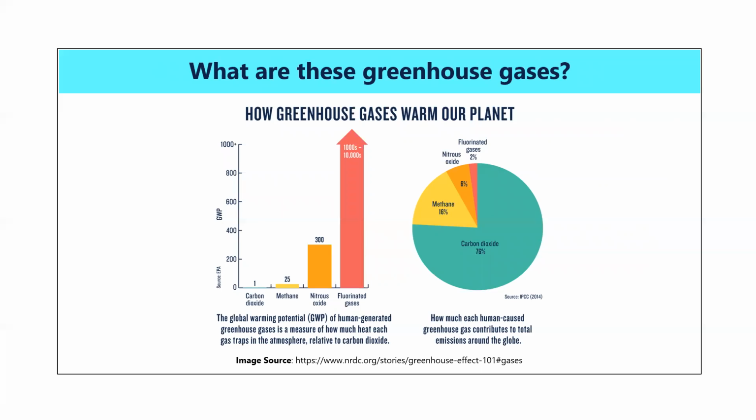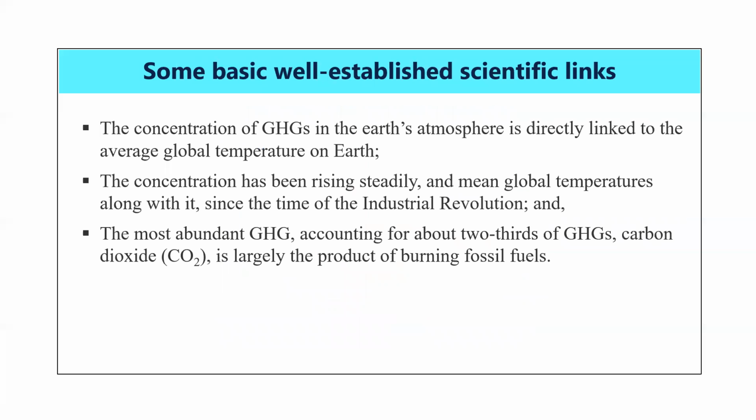These are some basic, well-established scientific links showing that climate change is real. The concentration of greenhouse gases in the Earth's atmosphere is directly linked to the average global temperature on Earth. Meaning, if the concentration of greenhouse gases in the atmosphere is increasing, the global mean temperature is also increasing.